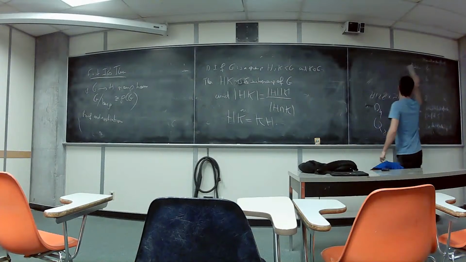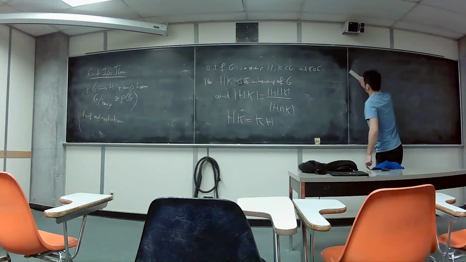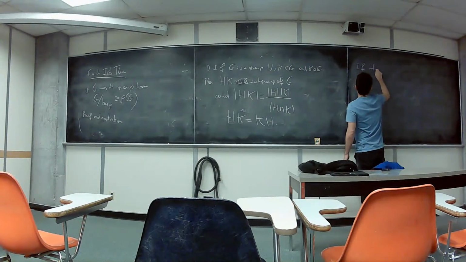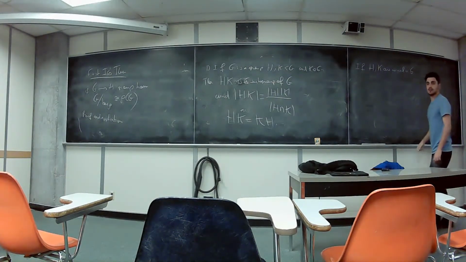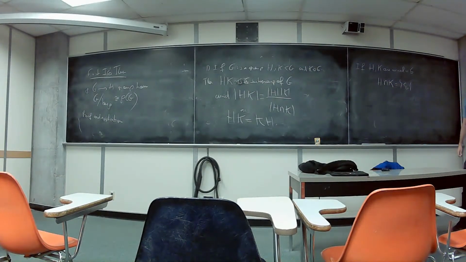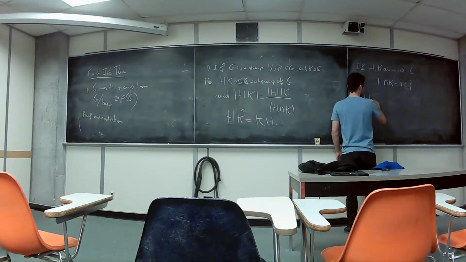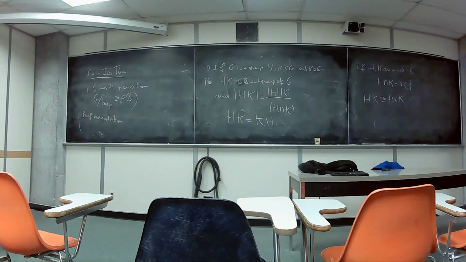And then maybe one more. If H and K are normal in G, and H intersection K is the identity in G, then HK is isomorphic to H times K. You remember this?